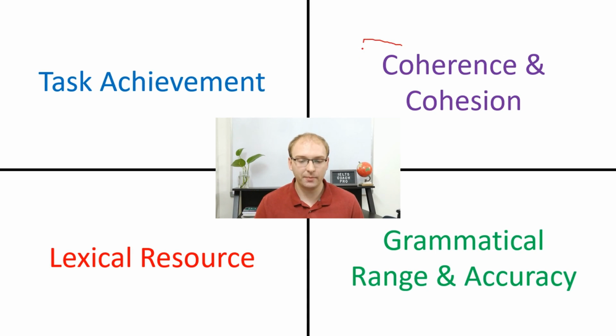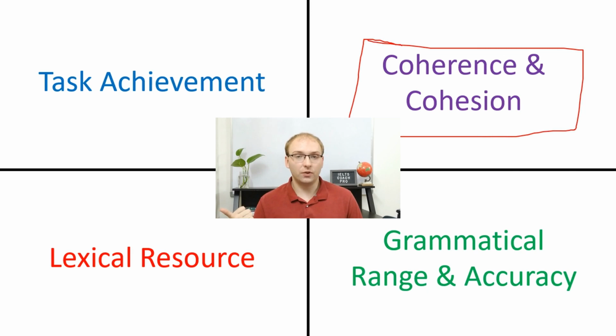We will especially be focusing on this one today. You also have lexical resource, which means using a variety of vocabulary words appropriately, and they will also be looking at your grammatical range and accuracy. So you need to use a wide variety of grammar structures and use them appropriately.